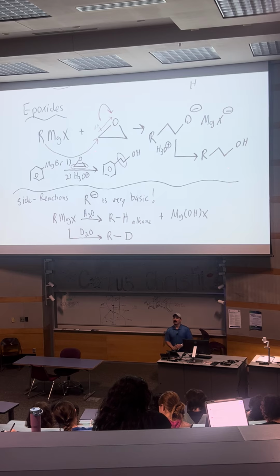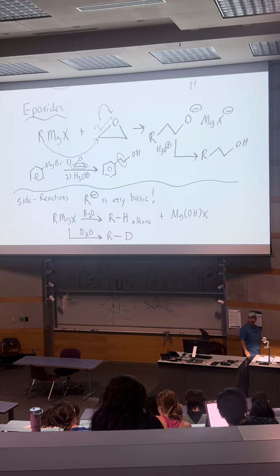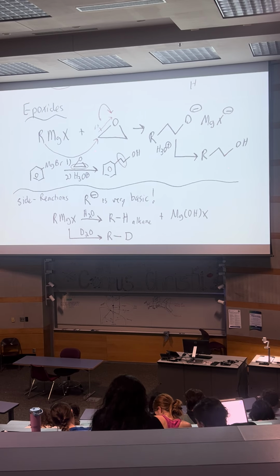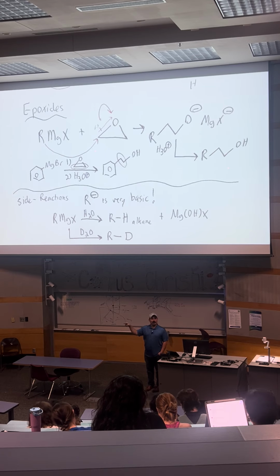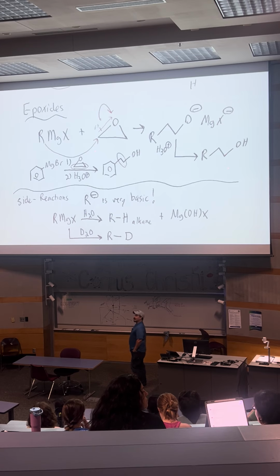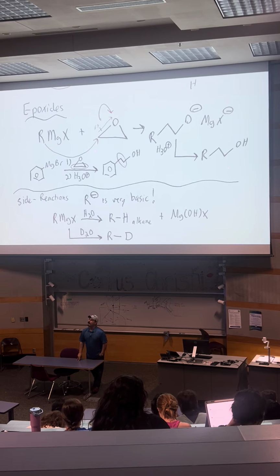D is not an element on the periodic table, it is deuterium, which is an isotope of hydrogen. It is not radioactive, but it can be detected in instrumentation like nuclear magnetic resonance spectroscopy. Early in the semester, when we were talking about NMR spectroscopy and looking at the hydrogen signature of a bunch of organic molecules, I said, what happens if you dump this molecule into a swimming pool of acetone?